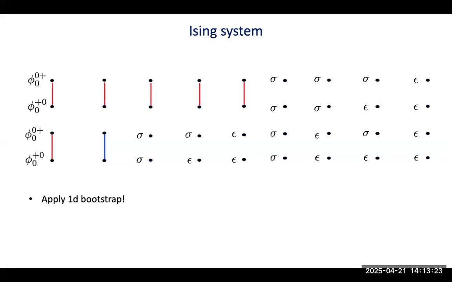We're always going to work in a collinear geometry like this, such that we have a remaining one-dimensional conformal symmetry SL2R, and we're just going to think of this as a one-dimensional bootstrap problem. Or I should say that for these defect endpoints, there is a spectrum of them, and we always take the external operators here to be the lowest dimension endpoint.